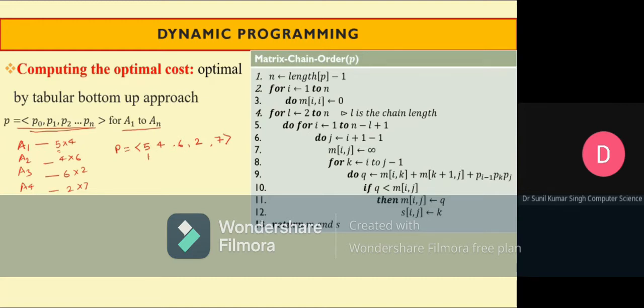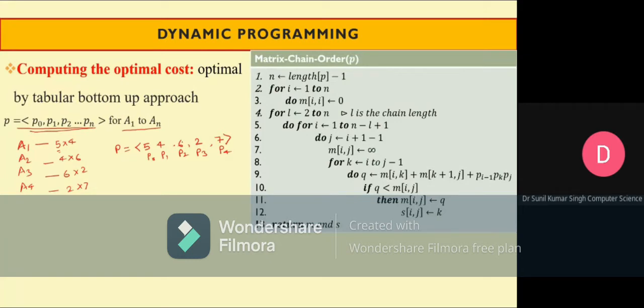You can also indicate these positions as P0, P1, P2, P3, and P4. This is just a notation; P is an array containing the orders of matrices in this way.